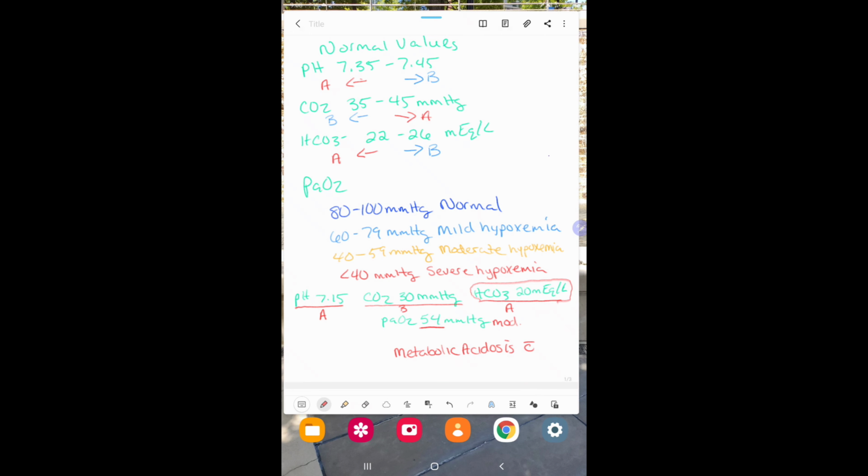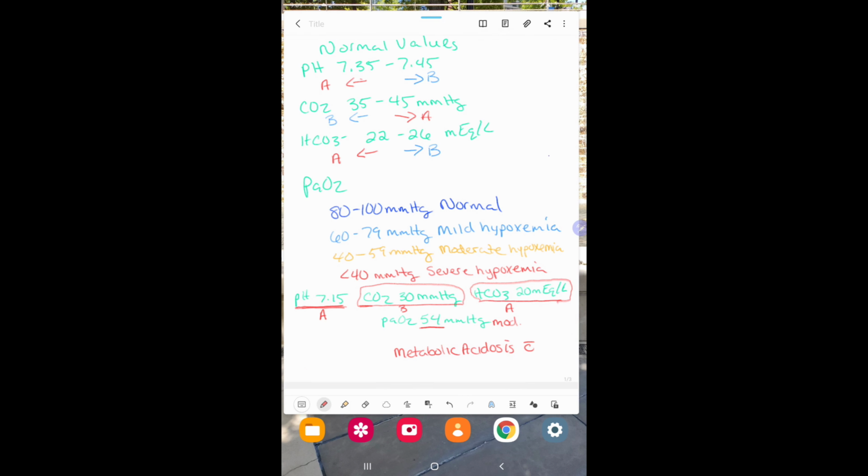Now we got to find out if it is compensated, partially compensated, or uncompensated. So to find that out, we know our pH is out of bounds. Okay? So we have to look at the other factor, which is your respiratory side, your CO2. Is that also out of bounds? Yes, it became a base.